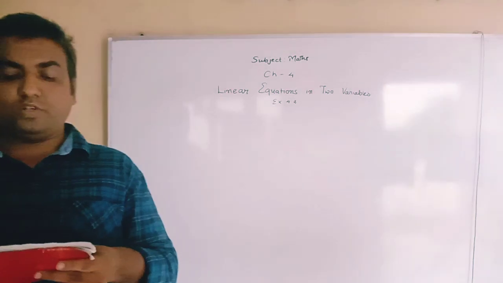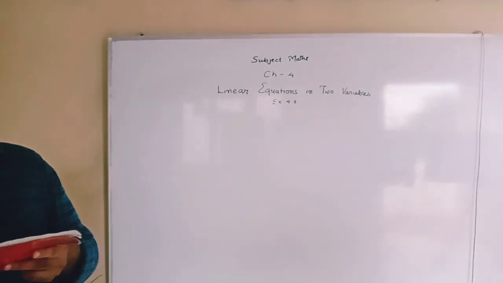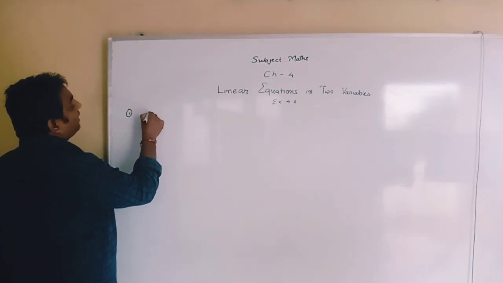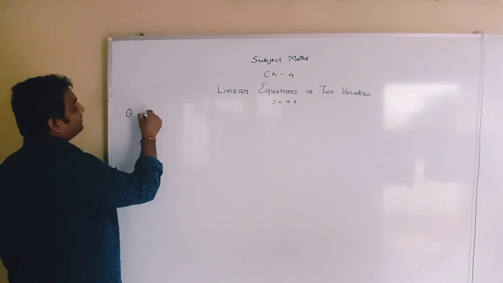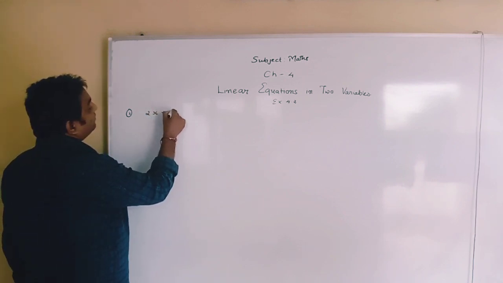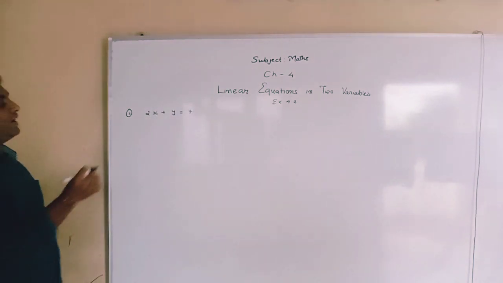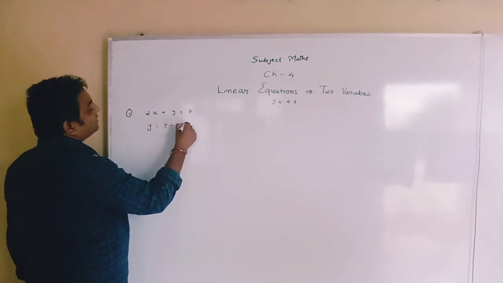Now question 2 is given. Write four solutions for the given equation. The first equation is 2x plus y equals 7. So now we make y depend on x, and y equals 7 minus 2x.